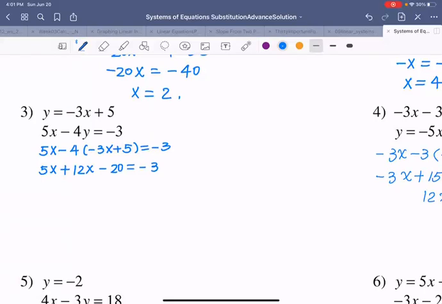So, how much is this? And then 17x minus 20 equals -3.